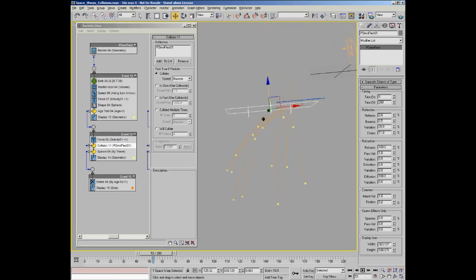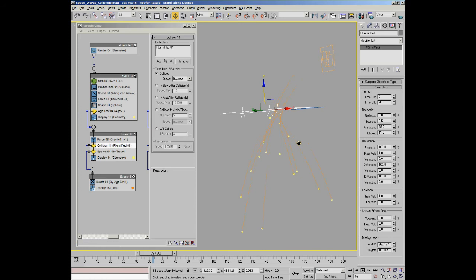So you can use a combination of diffusion and distortion to influence the way that your particles are distorted. By using diffusion and distortion, we've got some particles here which are traveling back in the opposite direction. So you can see you've got a wide variety of distortion there.